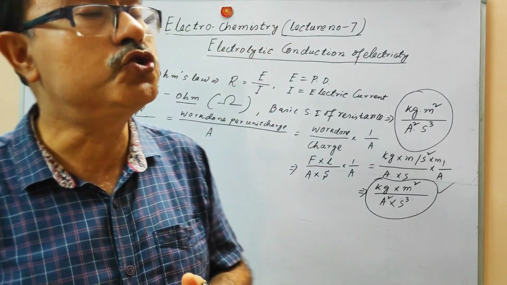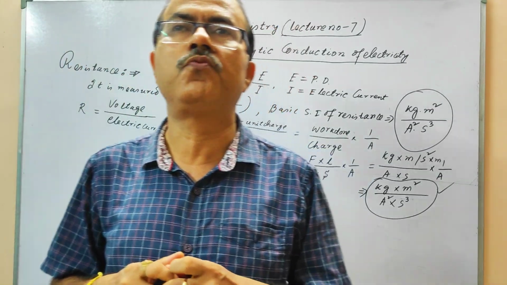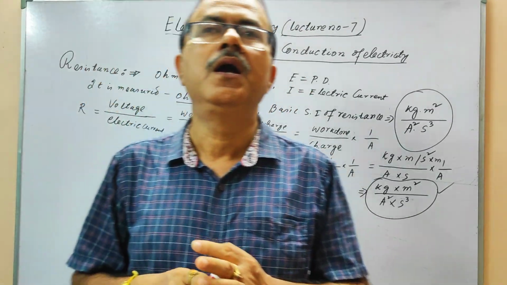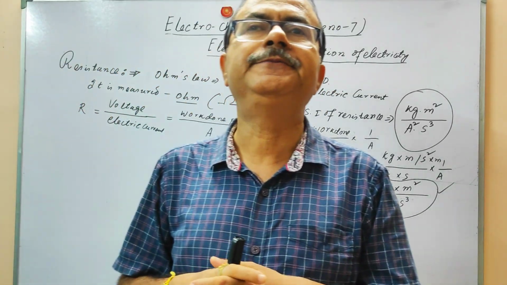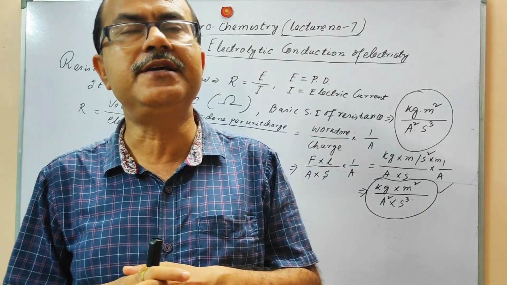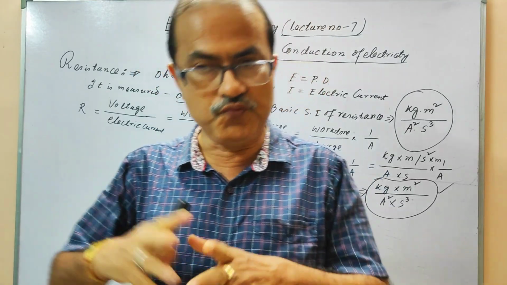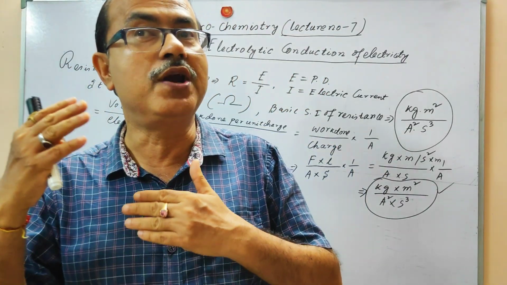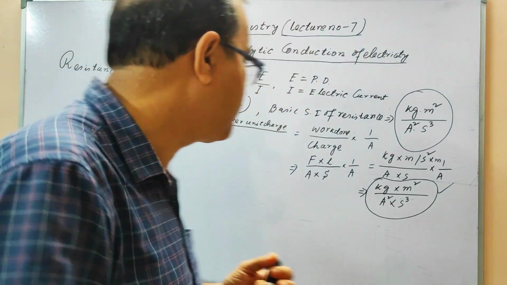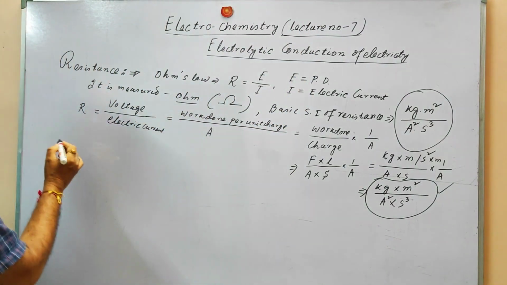This is called the Wheatstone bridge, that you must probably have studied in your physics. And resistance is a very important property, because from the resistance we will go to the conductance. So another term comes, that is conductance.